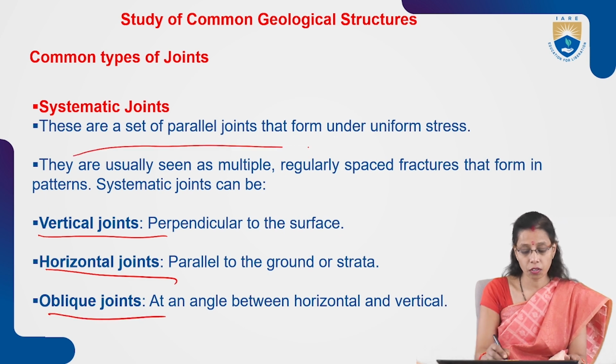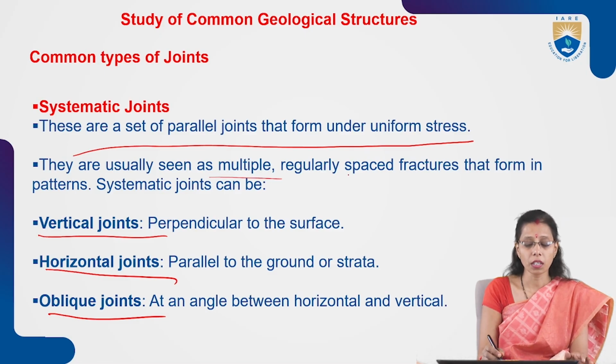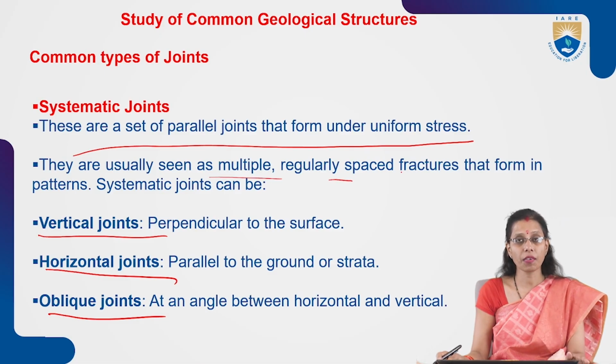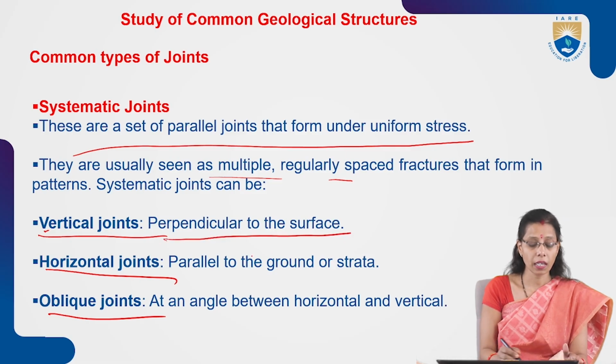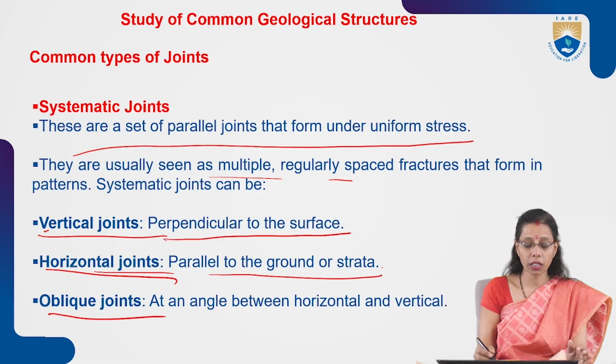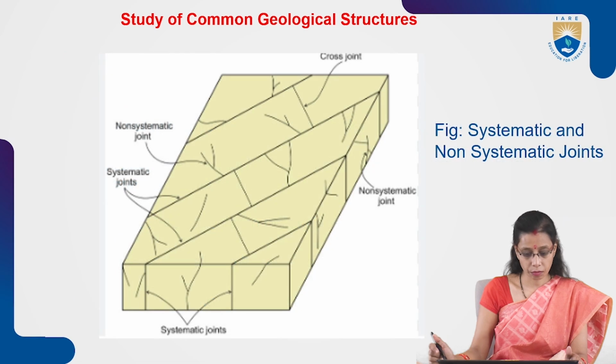These are sets of parallel joints formed under uniform stress, usually seen as multiple regularly spaced fractures that form in patterns. Vertical joints are perpendicular to the surface, horizontal joints are parallel to the ground or the strata, and oblique joints are at an angle between horizontal and vertical.